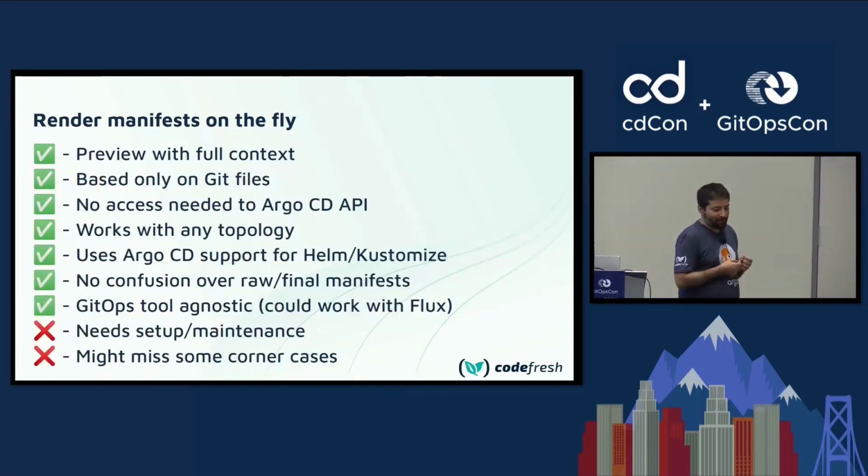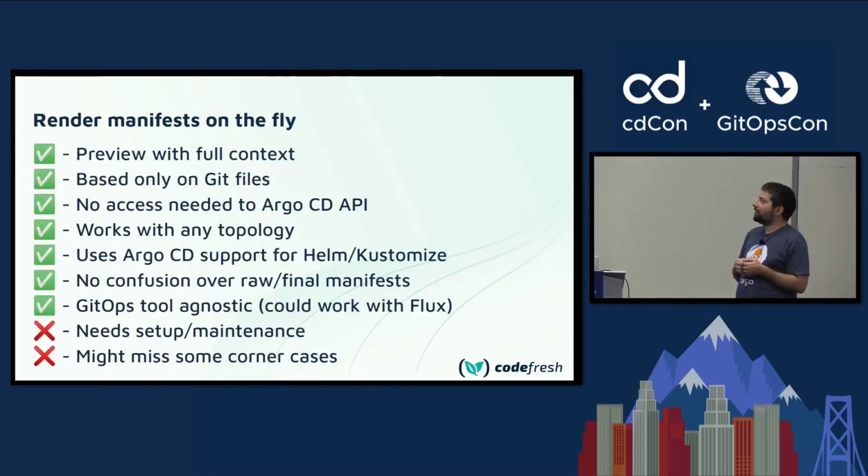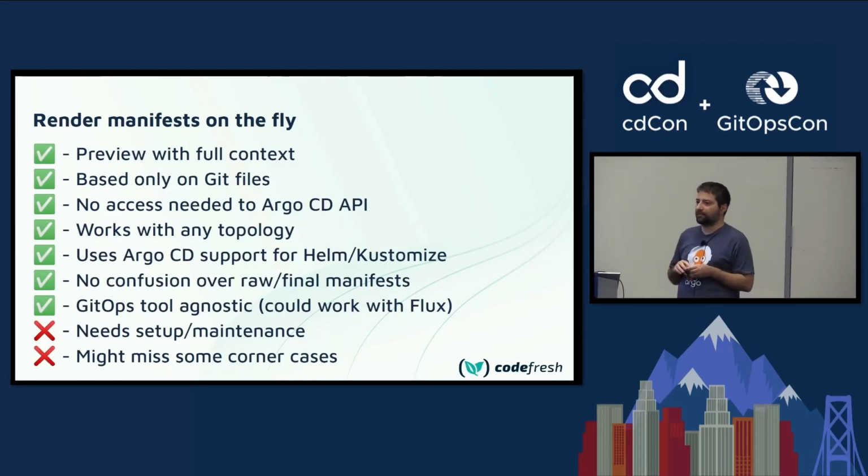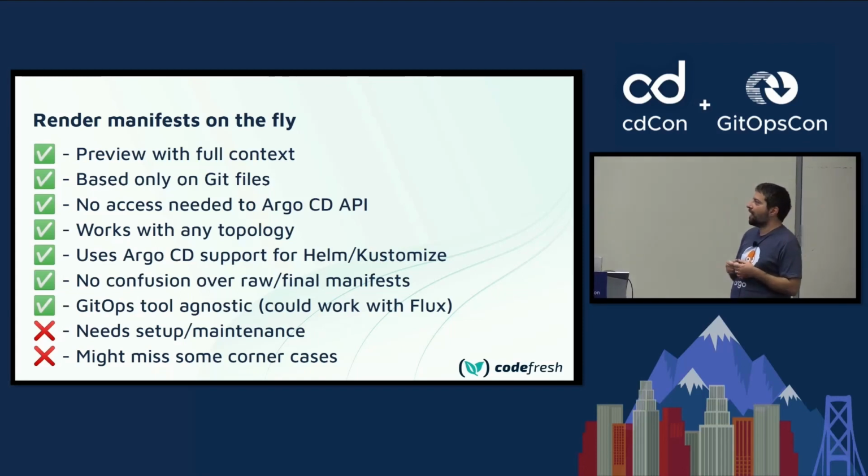So is it perfect? No, it's not perfect, but in my opinion, it has many advantages. First of all, we're working only with Git. We don't need access to Argo CD anymore or the Kubernetes cluster. We don't care about the topologies. There are no problems with networking. We still use the support that Argo CD is using for Helm and Kustomize.